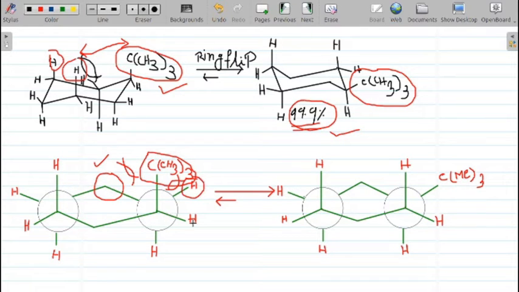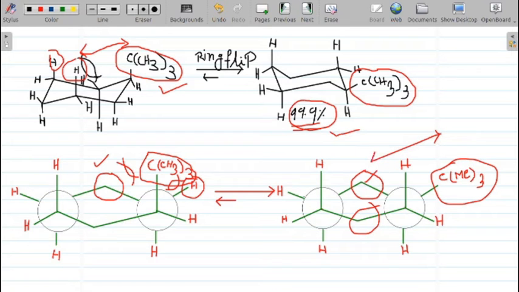Okay, but where the tert butyl group is present at the equatorial position, you can see that this tert butyl group is anti to this CH2 group, and far away from this CH2 group. So in the axial conformation there will be torsional strain and steric strain present.